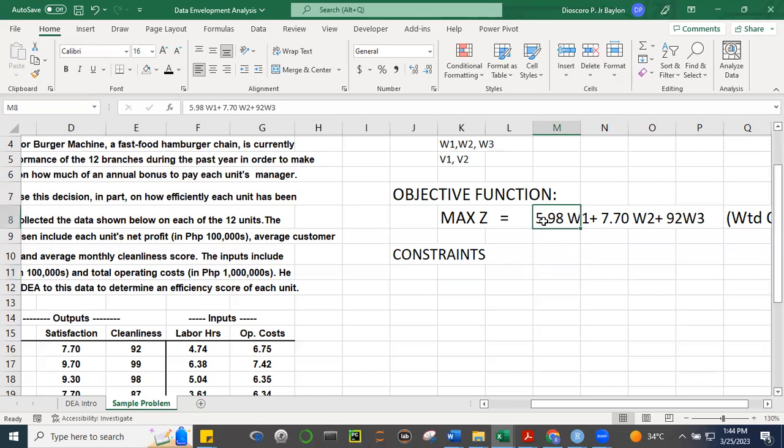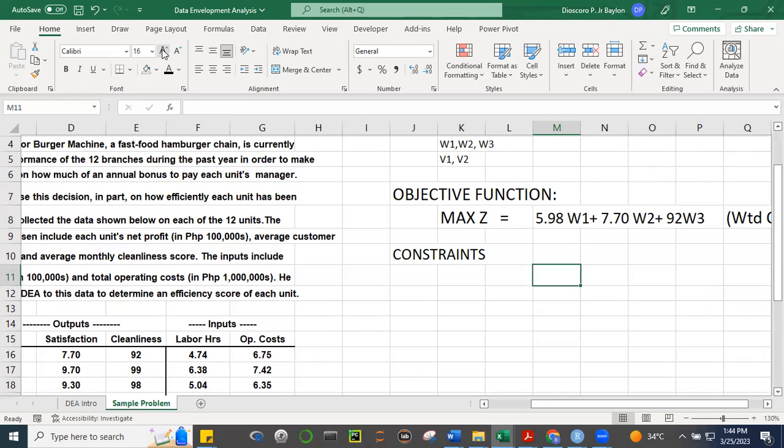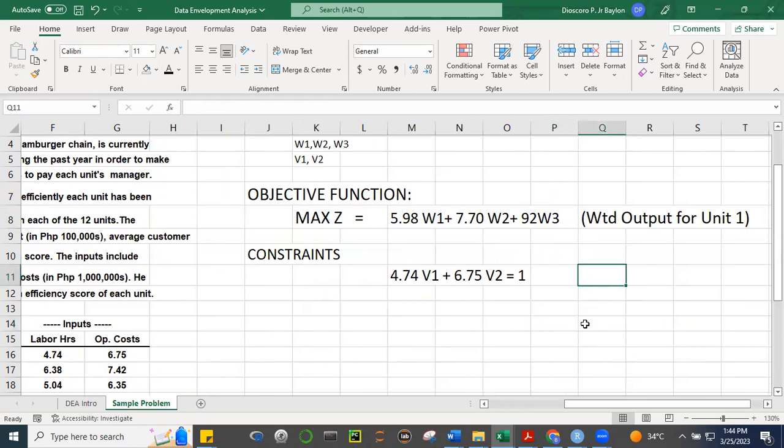Anyone? Okay, it will be 4.74 times V1 plus 6.75 times V2 should be equal to 1. All right. So this should be the weighted input for unit 1.